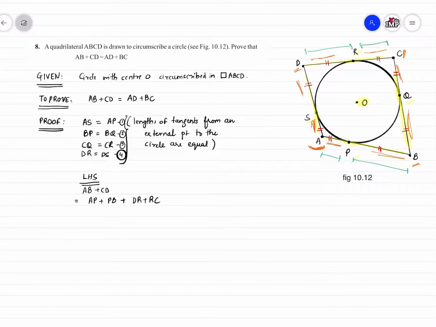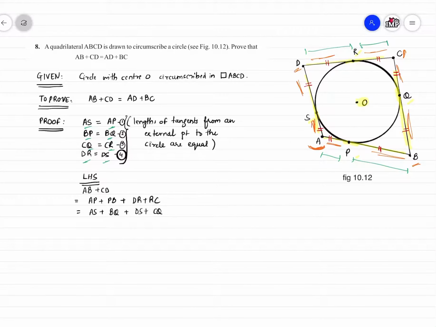Okay, but AP is actually equal to AS and BP is actually equal to BQ. Then DR is actually equal to DS and CR is actually equal to CQ. So can we replace all of these with the segments that they are equal to? Yes. I can say that AP is equal to AS, PB is equal to BQ, DR is equal to DS and RC is equal to CQ.